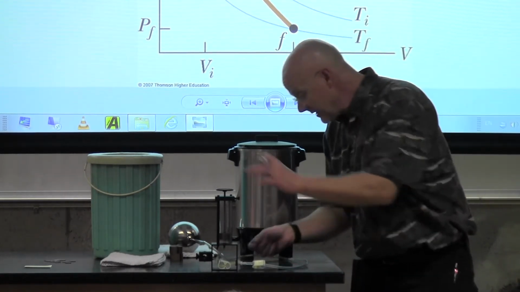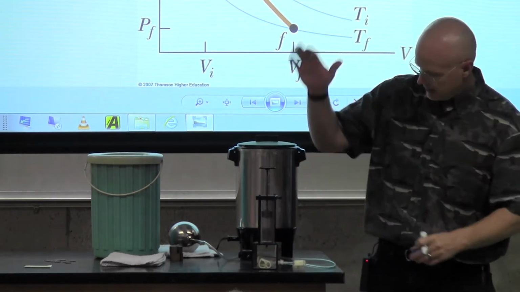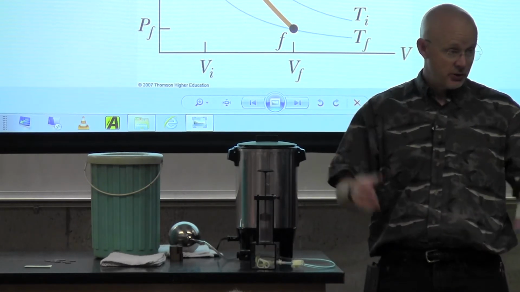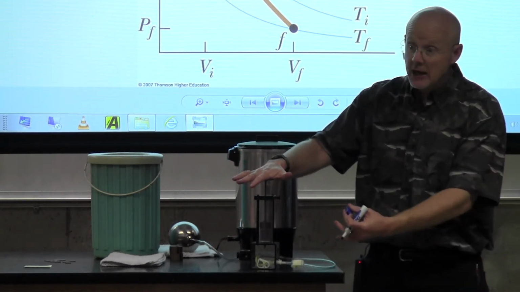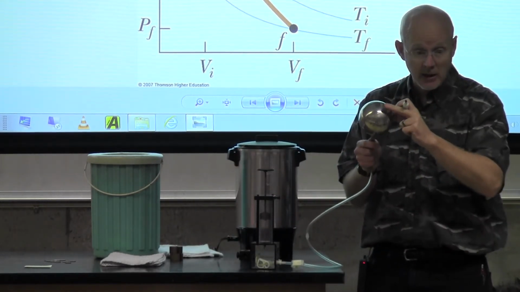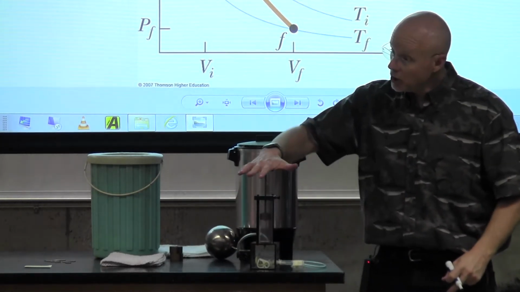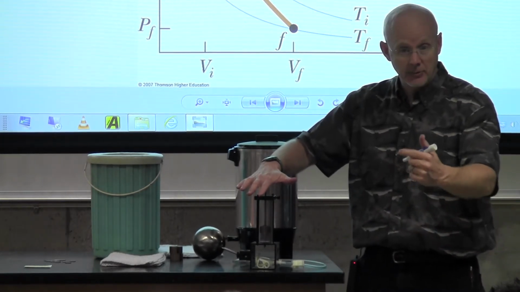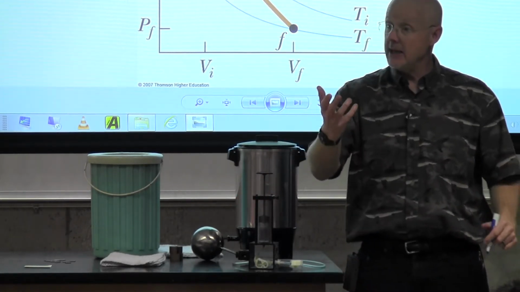And so compressing a gas quickly, I'll put it right about there, makes the temperature go up. If I did it slowly, the temperature would have tried to go up, but as it's trying to warm up, it would then cool down because it's sitting in the room. And so a slow compression might be a constant temperature compression, whereas a quick compression would be an adiabatic one.